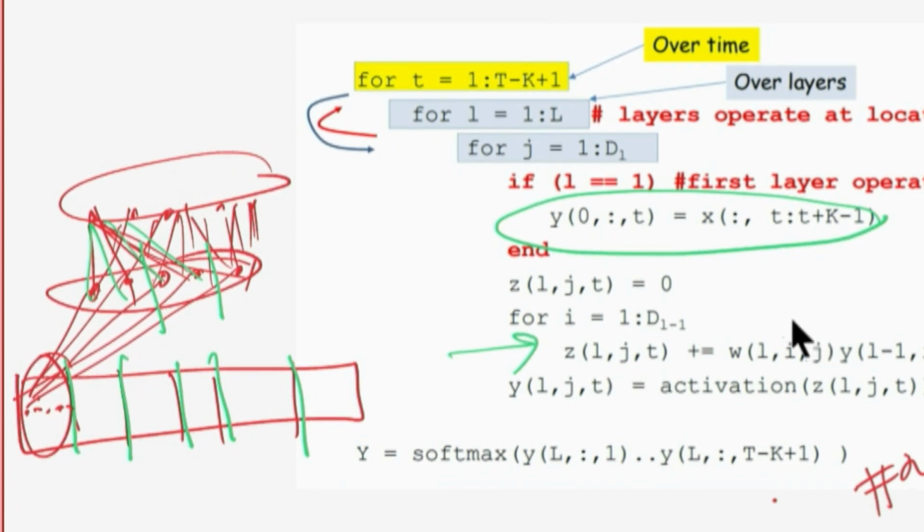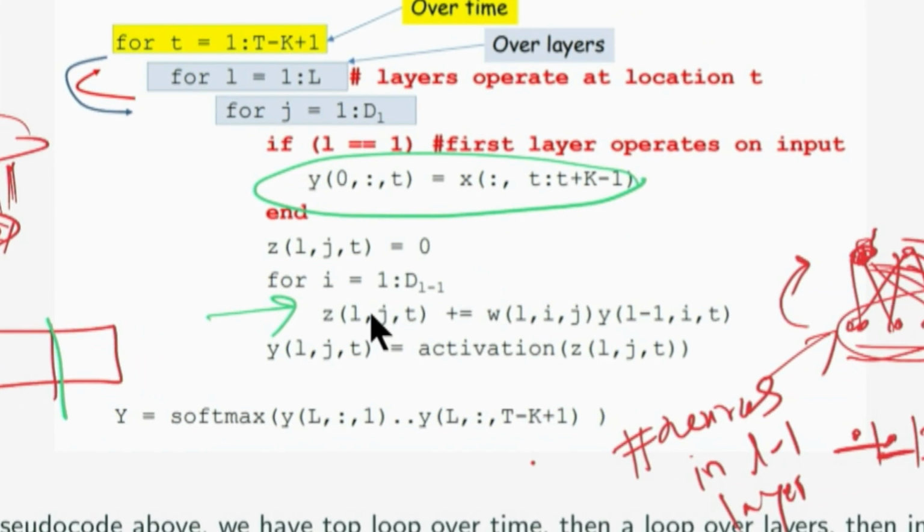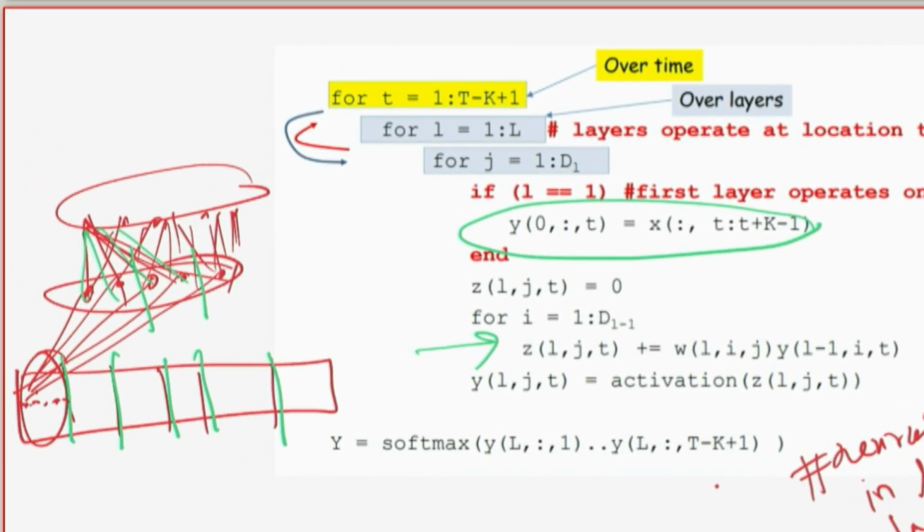Okay, so L is 1, right? So let us say dl minus 1. If L is 1, dl minus 1 is 0. So we can say that this is the 0th layer. In the 0th case, you are just accessing these guys. Your I loop is just this. This is for the first neuron, and J stands for the neuron.